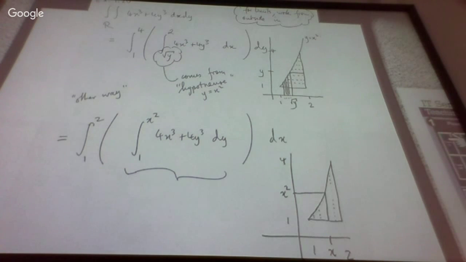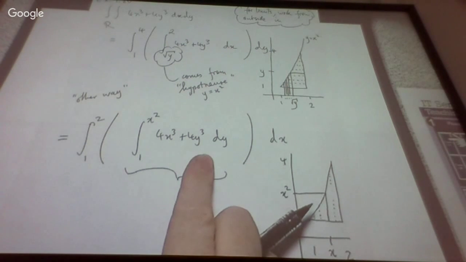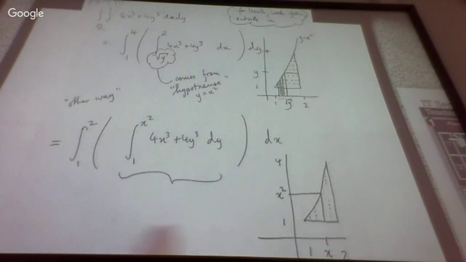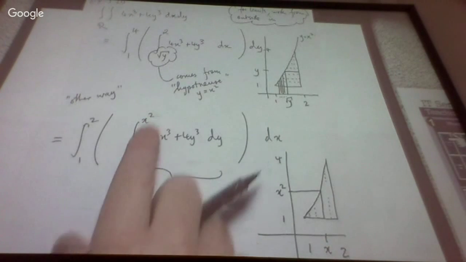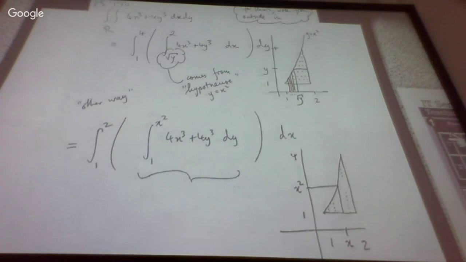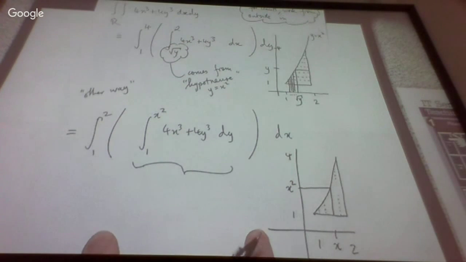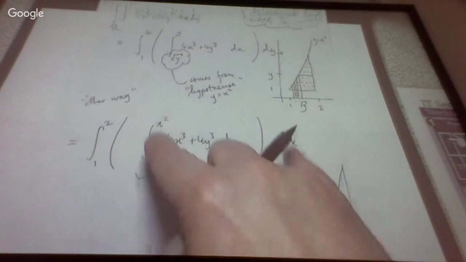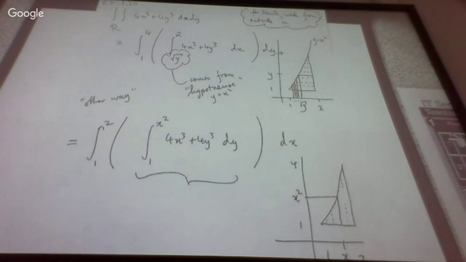That x squared at the top of the inner integral, when you do the inner integral with respect to y, will be substituted in for the variable y in the integrated expression. So you'll end up with the evaluation at x squared, subtract the evaluation at y equals 1. Then inside this bracket, you'll have an expression with respect to x, which then gets integrated and evaluated from 1 to 2. So again, it brings you to this number 745 minus.